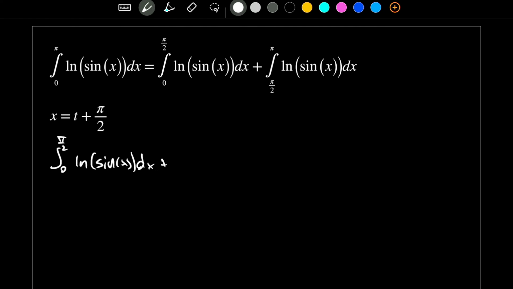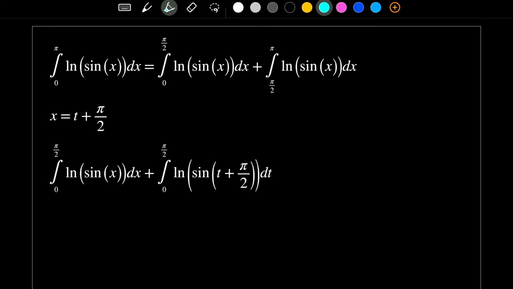Well, we get that t is equal to 0, so the integral from 0, and the same thing for what happens when x equals pi. We get pi over 2, and then the natural logarithm of sine of t plus pi over 2 dt.